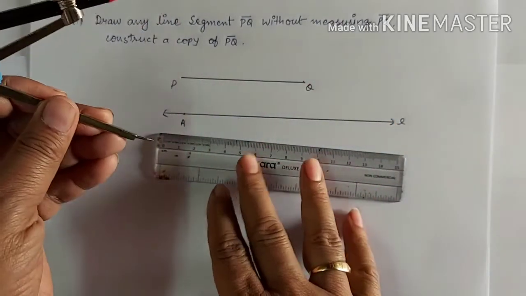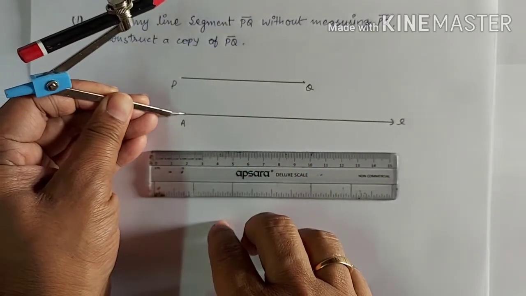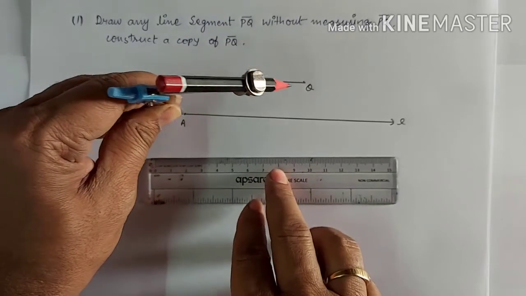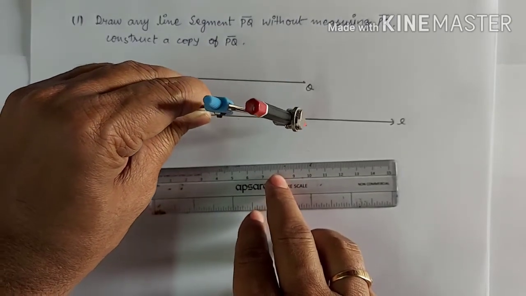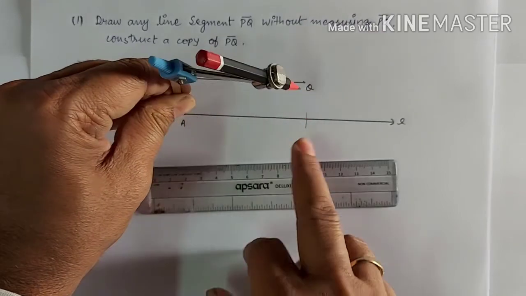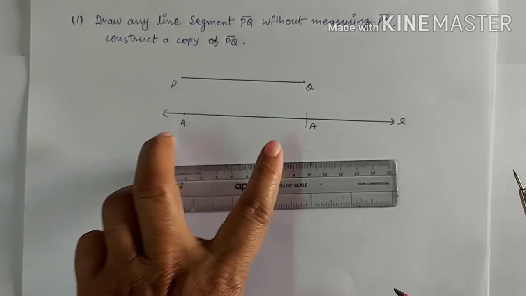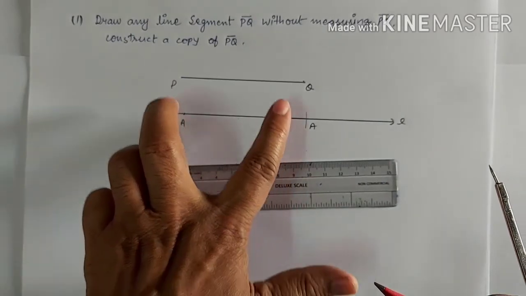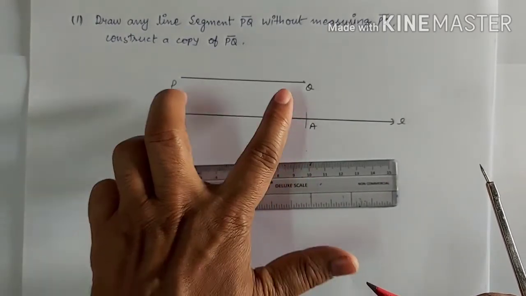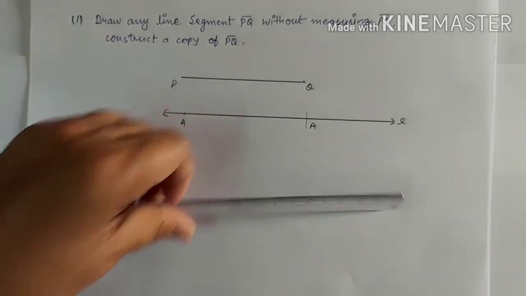Next, place the pointer on point A and cut an arc on the line L, and the new point is B. It means that AB is equal in length to PQ. It means AB is a copy of PQ. Okay, now write the steps.